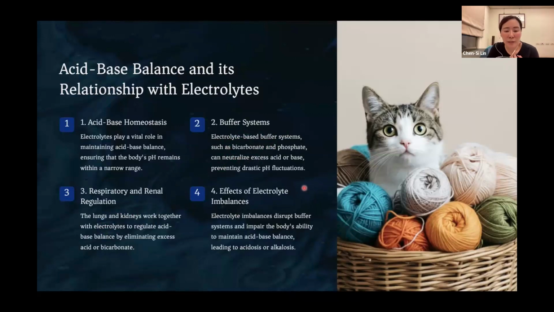So if electrolyte imbalance occurs, the consequence will also result in imbalance of acid-base. So if the acid-base imbalance occurs, it will lead to acidosis and or alkalosis.